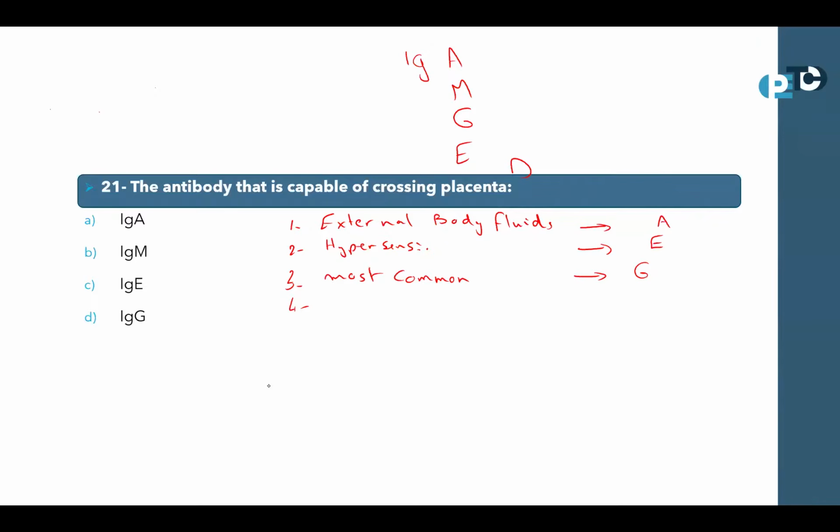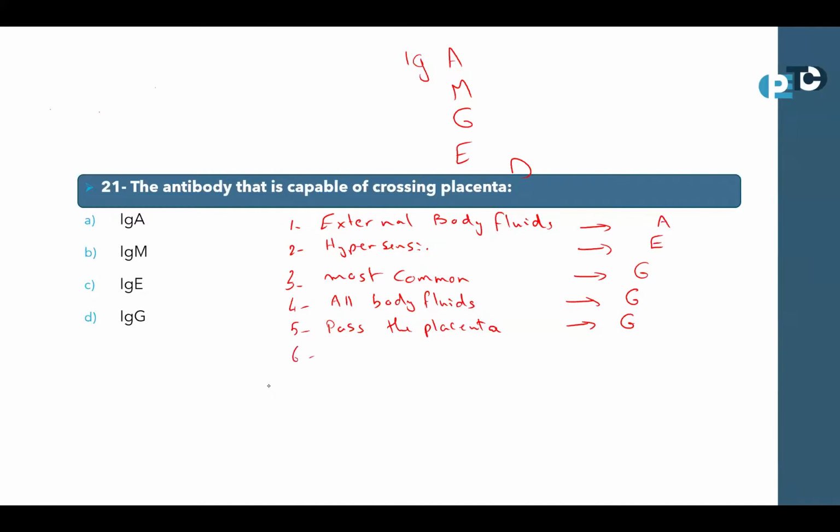The antibody that is present in all body fluids, including the milk, is G. The antibody that can pass the placenta is G. If it passes the placenta, it can give neonatal immunity or protect the fetus.